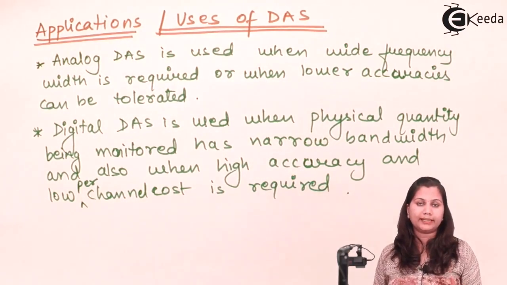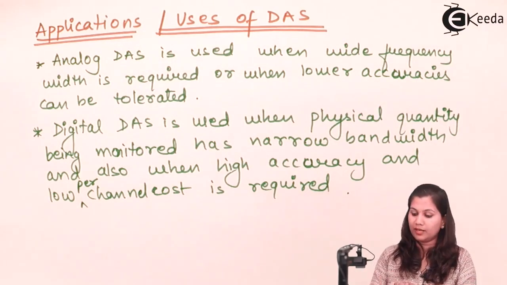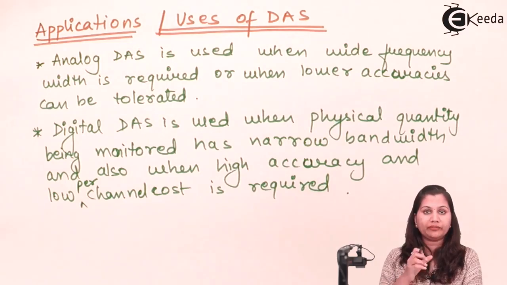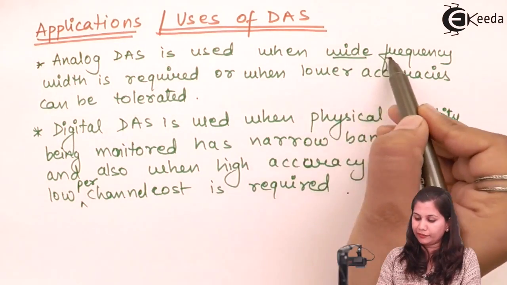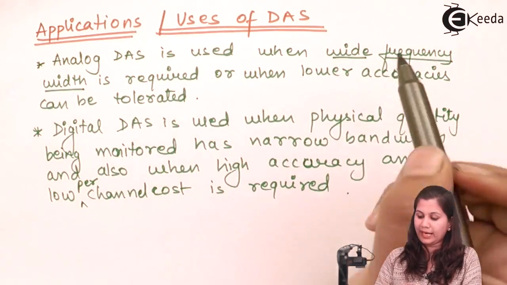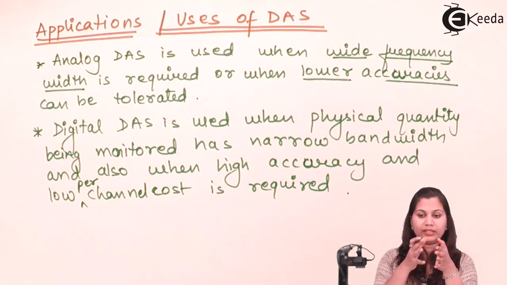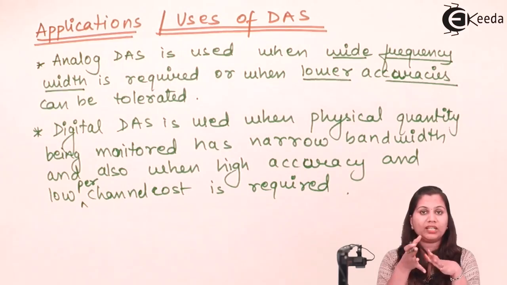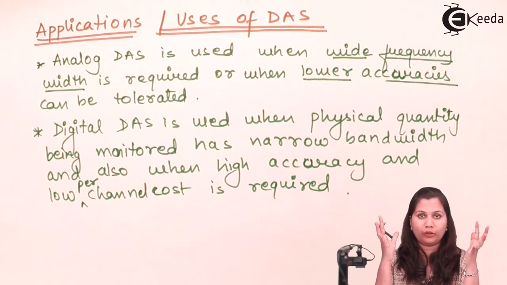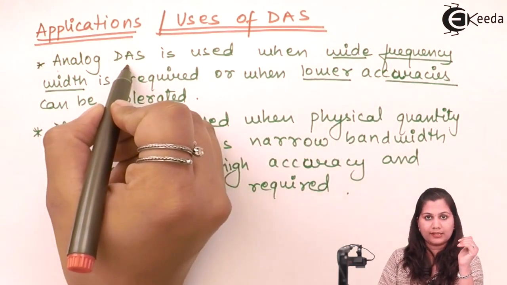The analog data acquisition systems are used in applications where the physical quantity which we are monitoring through the system has a wide frequency width. So when wide frequency width is required and when lower accuracies can be tolerated, that is, if the system is providing very low accuracy and the physical quantity has a very wide frequency width, then we can use the analog data acquisition system.